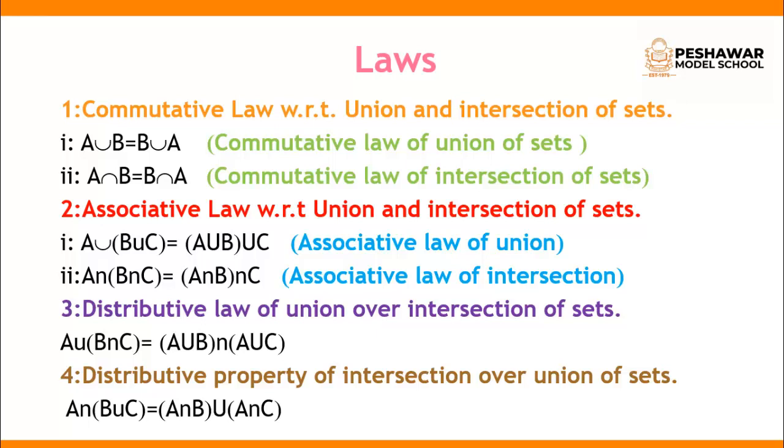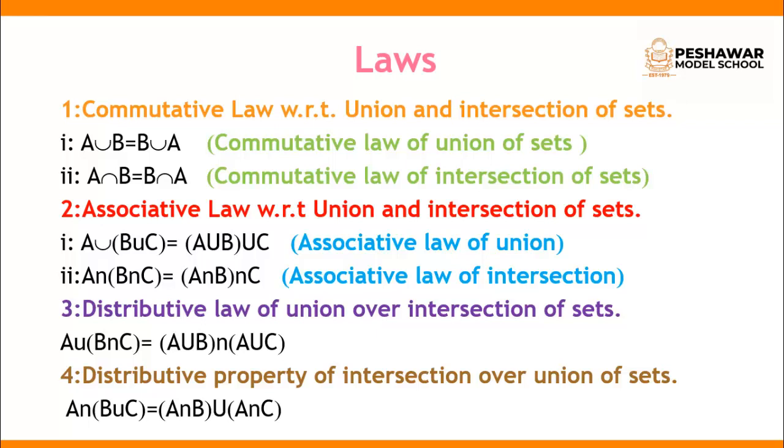Now come to the associative law of intersection. A intersection bracket B intersection C is equal to A intersection B intersection C. In associative law we have to use three sets, set A, set B and set C, and one by one we have to apply the operation of union and intersection.